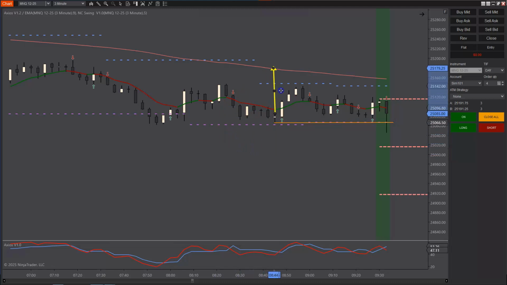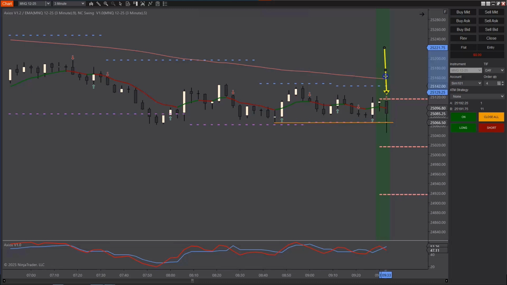They're both exponentials. So to take a short, we need to close below the 100, and we need to close below the 9. We also need the 9 MA to be red, which is for sloping down. And then finally, we need our awesome Axios signal, this red arrow. This is our proprietary indicator.